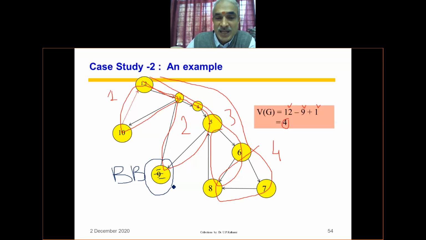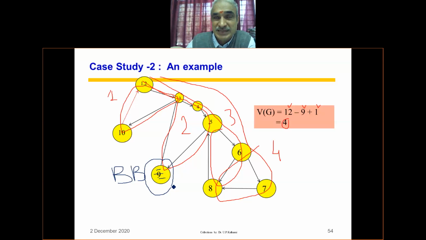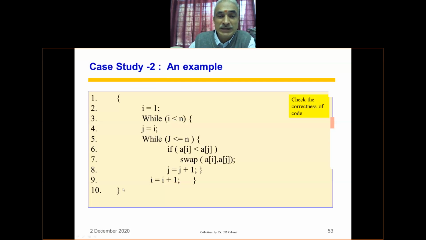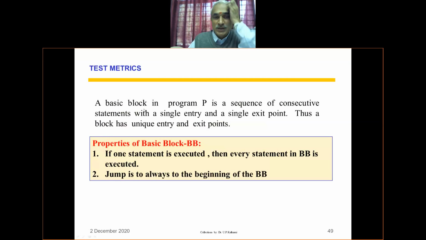Yes, sir. Right. Construct a basic block, and a basic block is nothing but a set of program statements, program lines. But what is that basic block? A basic block in a program is a sequence of consecutive statements with a single entry and single exit. Thus, a block has a unique entry and exit point and satisfies the following two conditions.